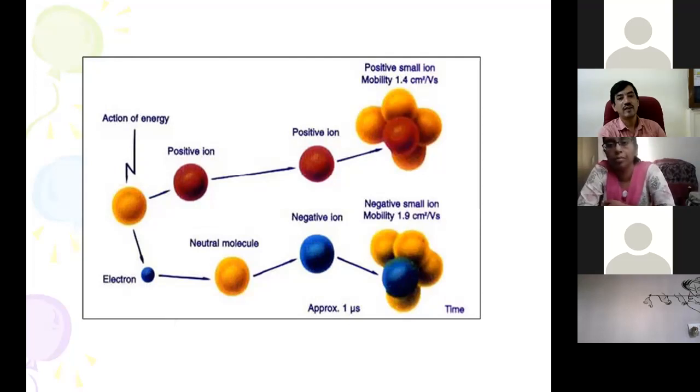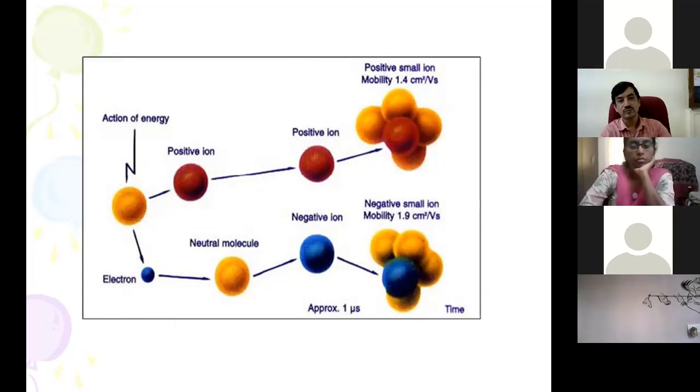Radon will emit 5.5 MeV alpha particles. For creating one ion pair, we require only 32 electron volts. The energy of alpha particles is in million electron volts. That means a million ion pairs, positive ions and negative ions, are created by radon and its progeny.